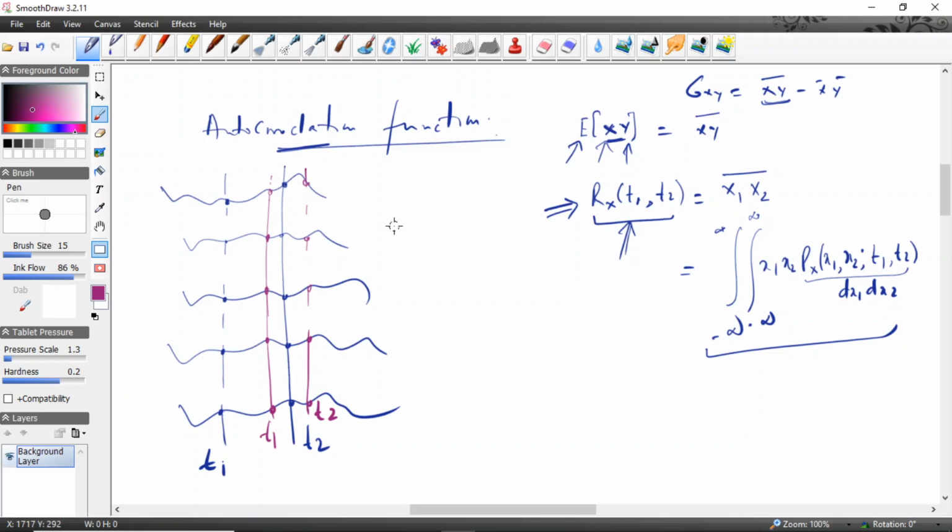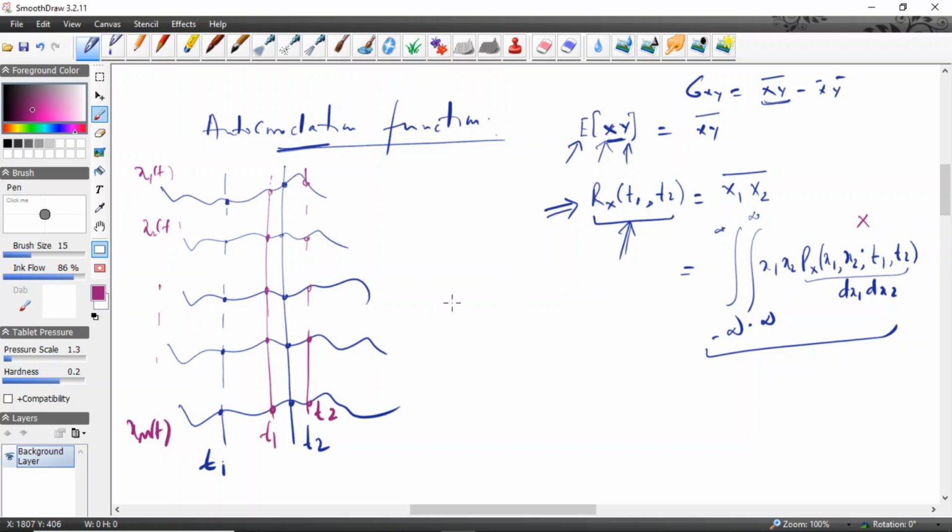This is again the statistical average. But you can again use the ensemble average: if you have a set of random signals x1(t), x2(t), up to xm(t), you can get rid of the PDF function using time averages, just like we did for the mean.